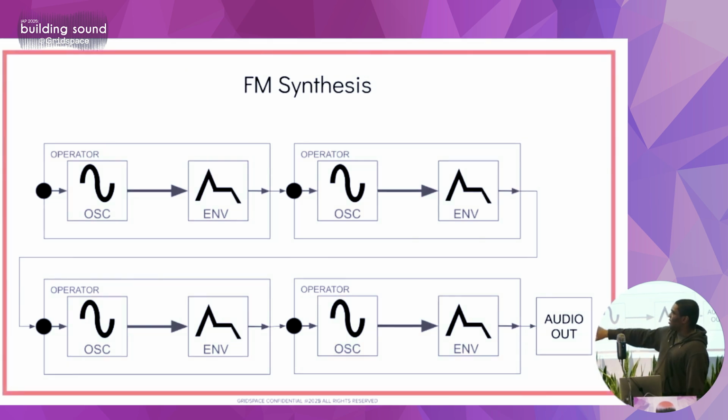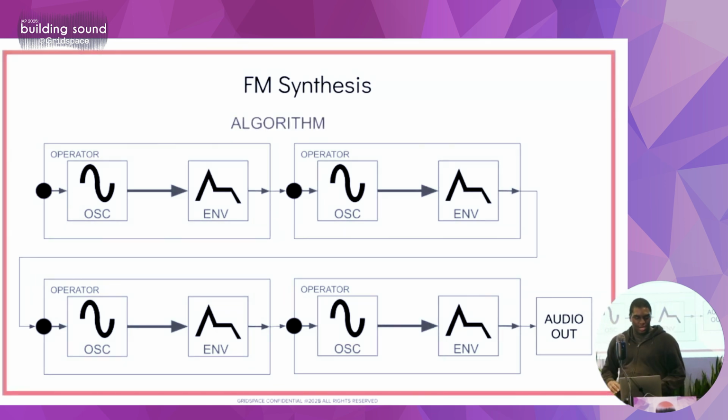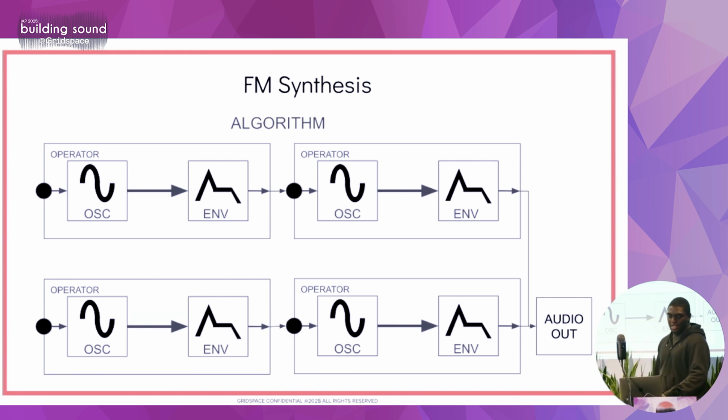And this entire format with its connections is called an algorithm. Because we're routing these to each other, you can control that algorithm, and using the same number of operators, you can have different algorithms to produce different kinds of sounds.